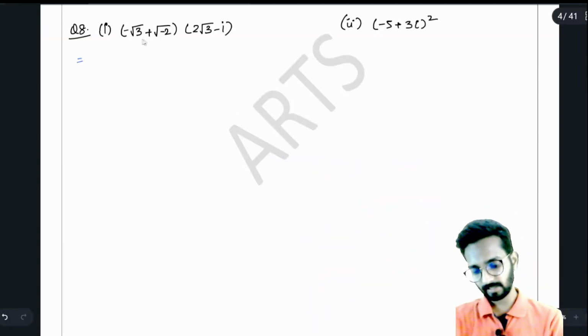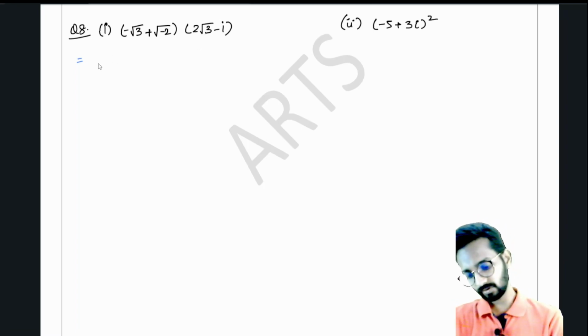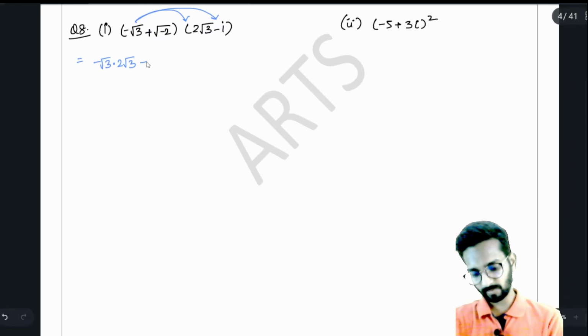Just open the bracket. Negative root 3 into 2 root 3 we can do here. So negative root 3 multiply 2 root 3. First you have to multiply this with this number, then this with this number. We have already done it. Negative root 3 multiply minus i will become plus of root 3i.